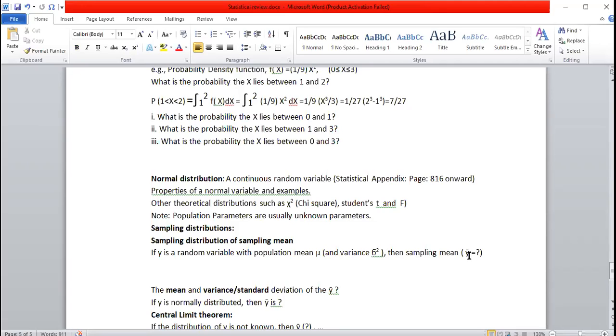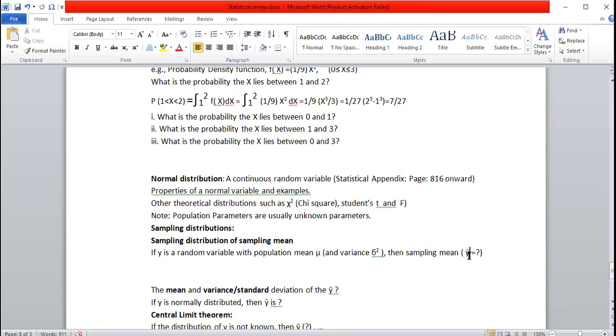Y bar you said is just a number. How can it be a random variable? Because we picked randomly and there is no bias. Yeah, true, but you got only one number for Y bar. Did you get one number? Yes. So how can it be a random variable?